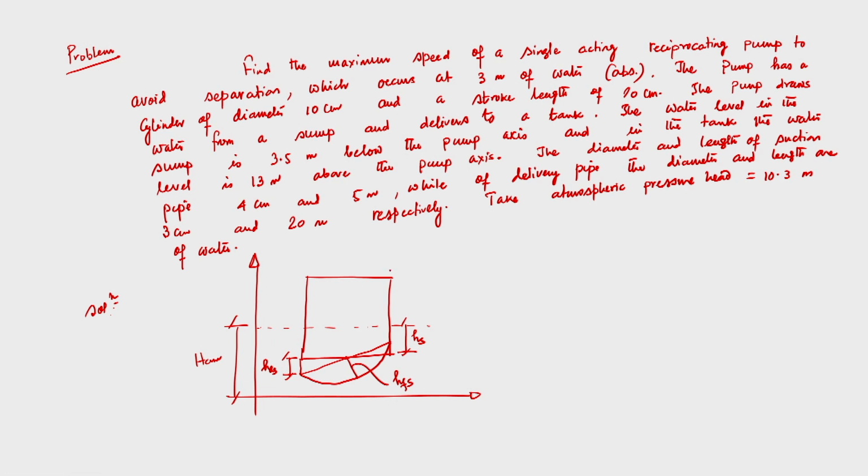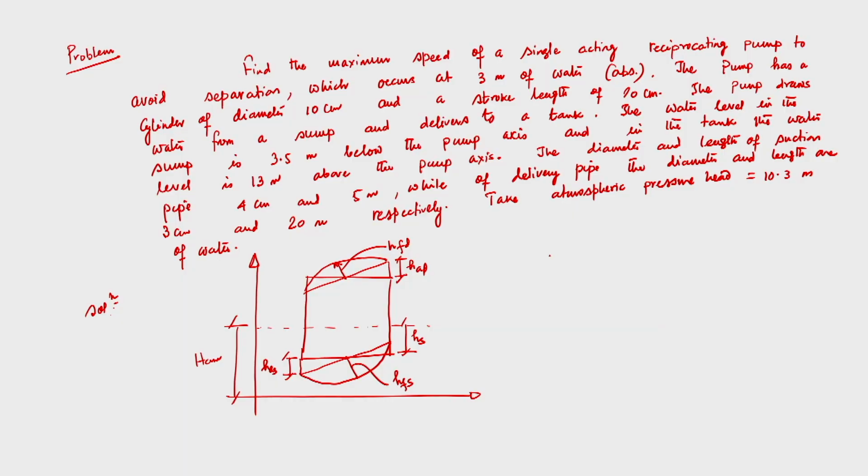Similarly for delivery, this will be HFD and this will be HAD. Now this is the indicator diagram modified with different effects like inertial effect and effect due to fluid friction in the suction and delivery line.